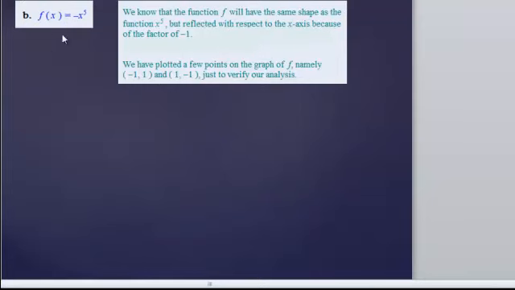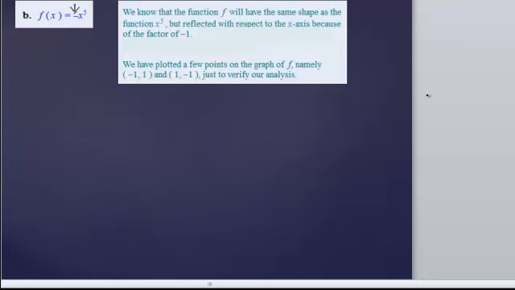How about this one? f of x equals -x to the 5th. So we know that this function is going to have the same shape as the function x to the 5th. Remember, that's that S shape that we had earlier. But it will be reflected across the x-axis because it has a negative here.